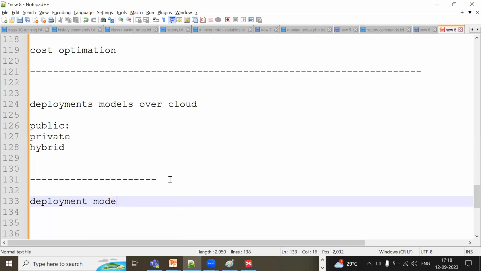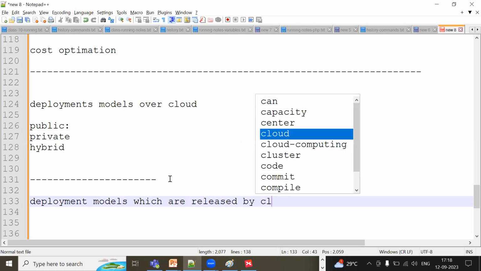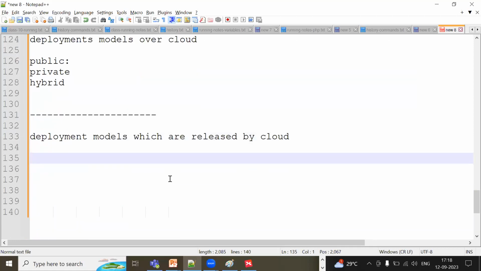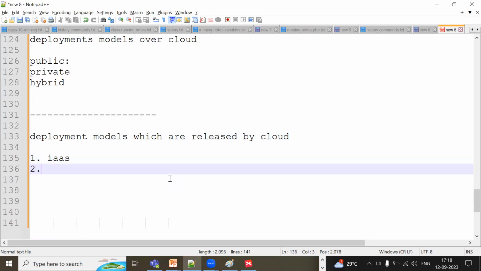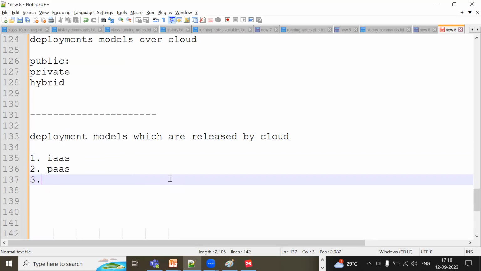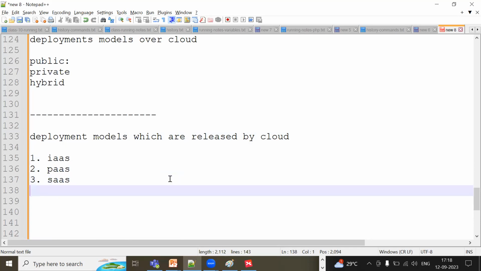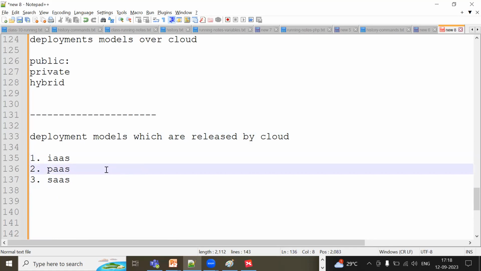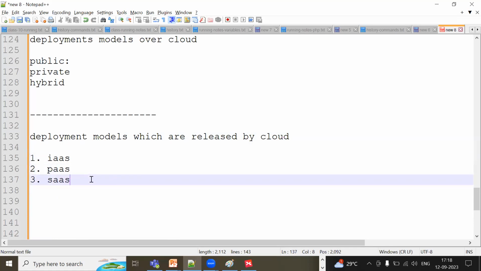Deployment models which are being released by cloud are IaaS, PaaS, and the third one is SaaS. The first one we call infrastructure as a service. The second one we call platform as a service. The third one, SaaS, is nothing but software as a service.